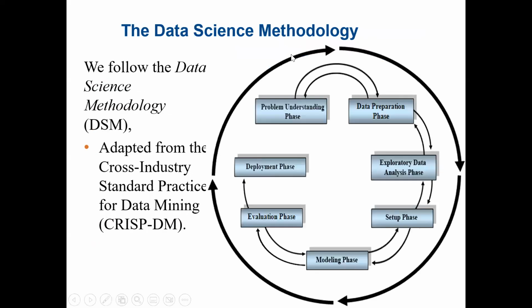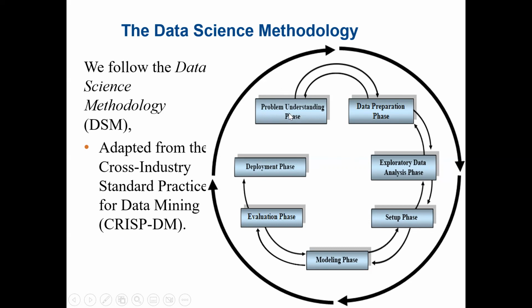And for data science methodology, here we are going to use the CRISP-DM, which is the cross-industry standard process for data mining. In data science methodology, we have different phases. So for example, we're always going to start with the problem understanding phase.